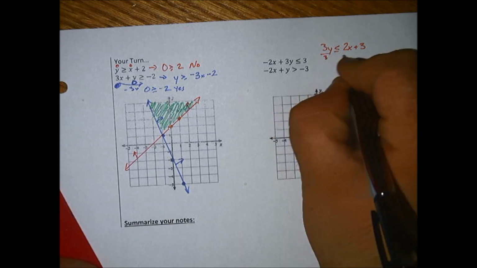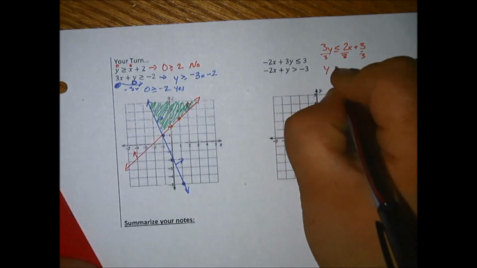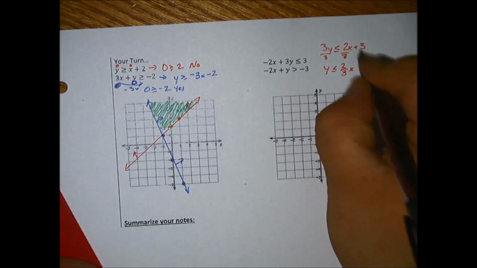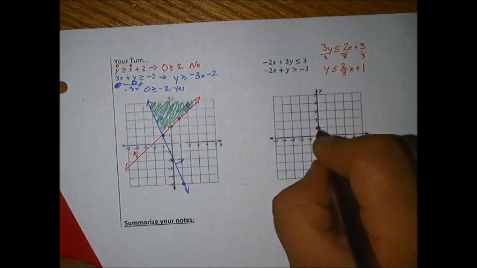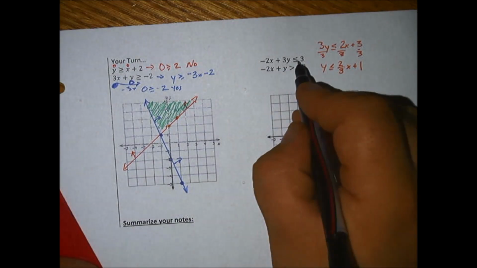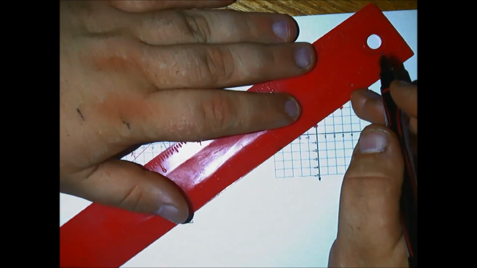And I'll divide by 3 everywhere. Okay, so we have y is less than or equal to 2/3 x, and then plus 1. So I start at 1, and I go up 2 and over 3. That is a solid line. So I have a solid line through there.